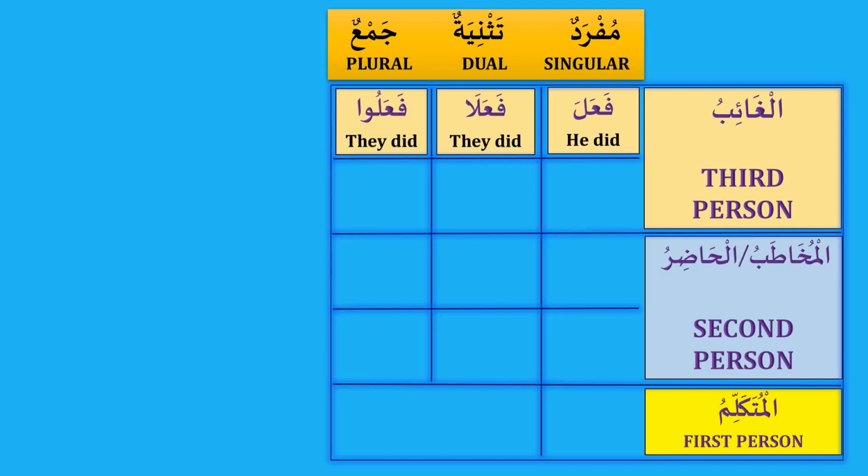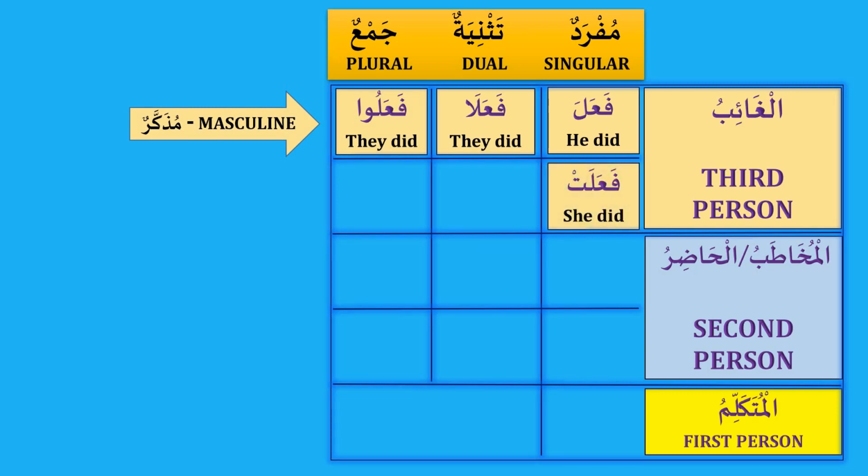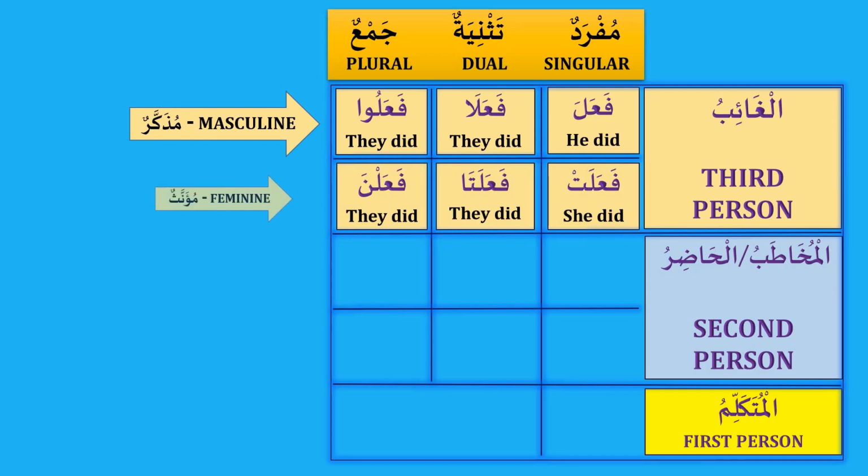Fa'alu, they did, plural. Mudhakkar or masculine. Fa'alat, she did. Fa'alata, they did, dual or two people. Fa'alna, they did, plural or more than two people. And these are muannath, feminine.